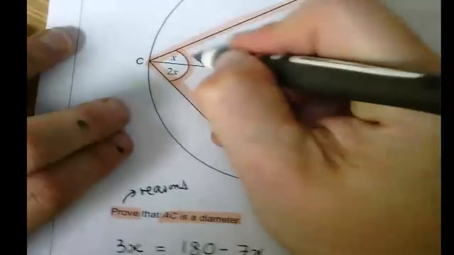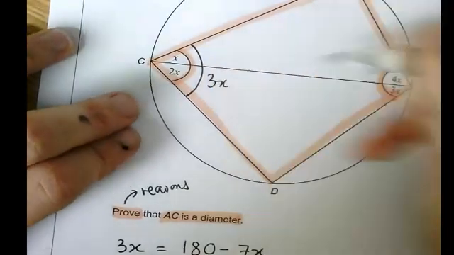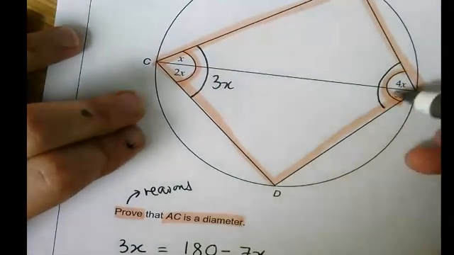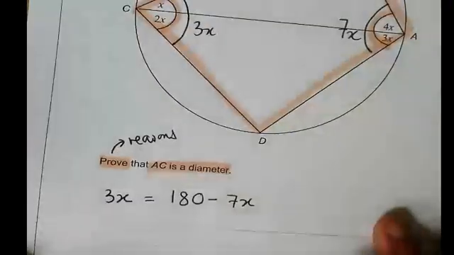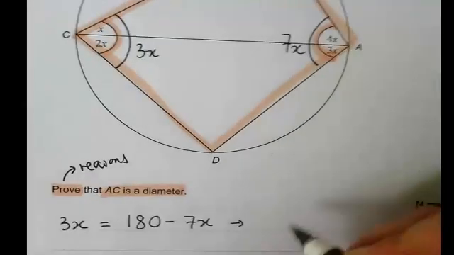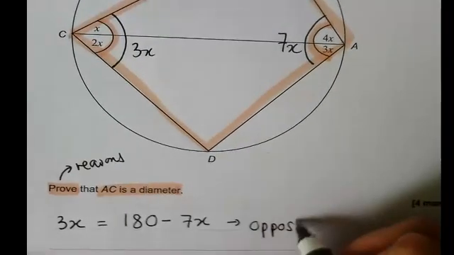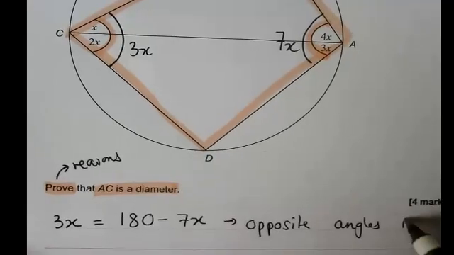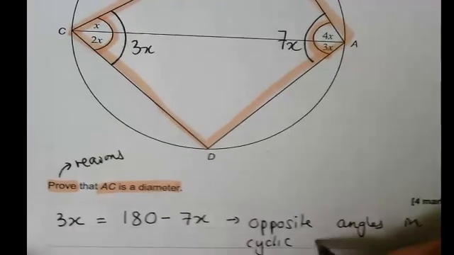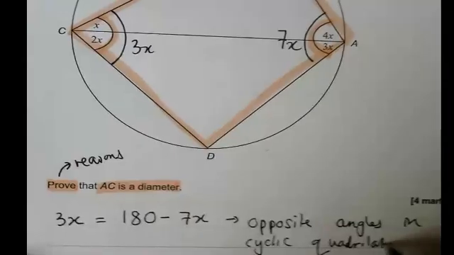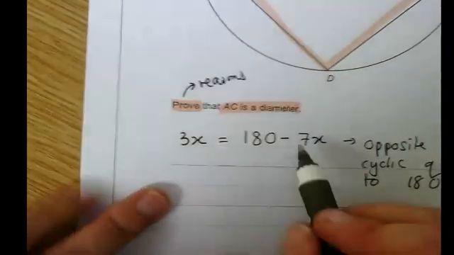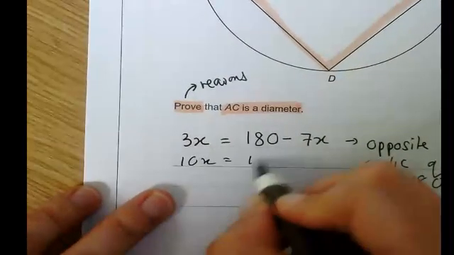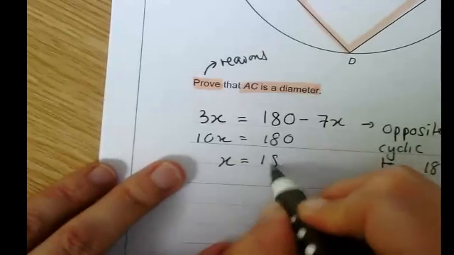I might just write on a full 3x so that it's clear how I got that, just so they don't think I'm referring to that 3x. 3x is equal to 180 subtract 7x, and my reason is opposite angles in a cyclic quadrilateral sum to 180 degrees. Okay, I'm going to see if I can solve from here. Adding 7x on both sides, 10x is equal to 180, dividing by 10, x is equal to 18.